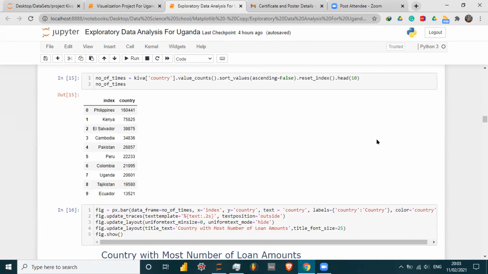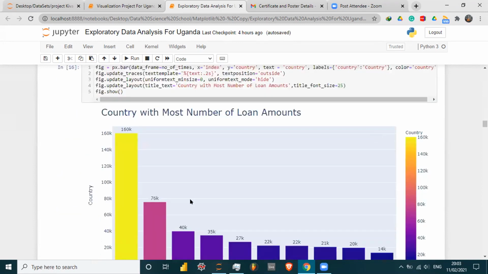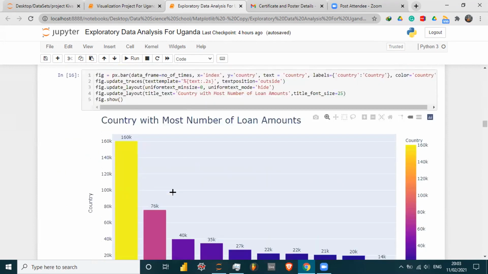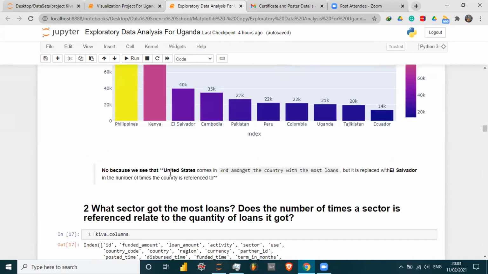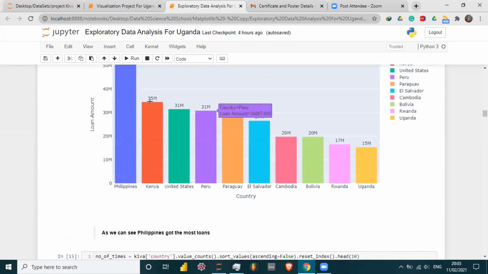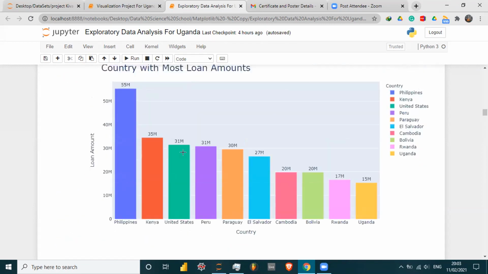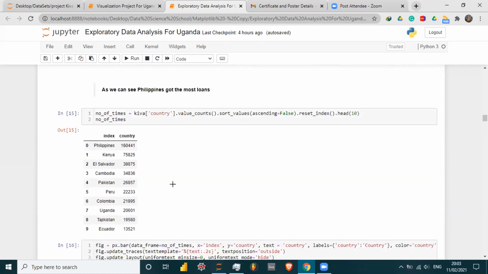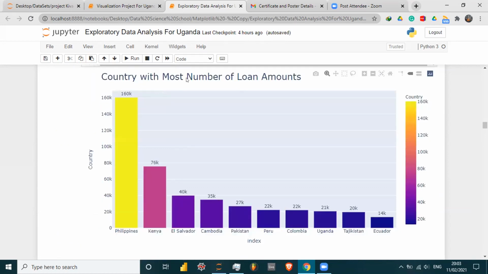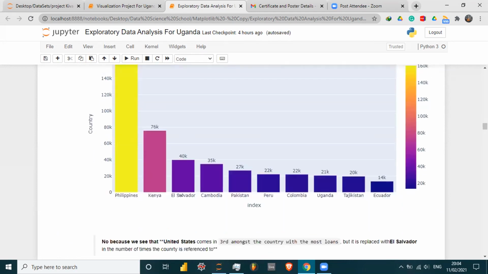From value counts, we can see that the United States comes in third with the most loan amounts, but with the number of loans, we see El Salvador actually has more loans than the United States.